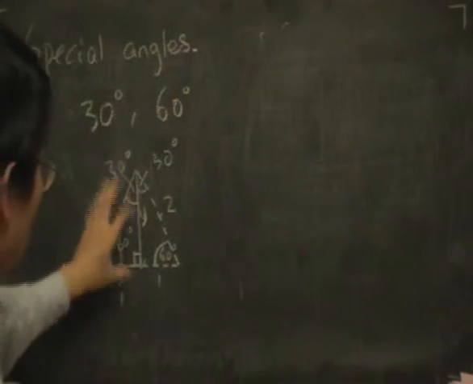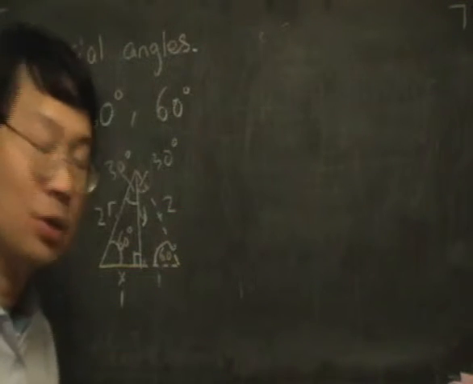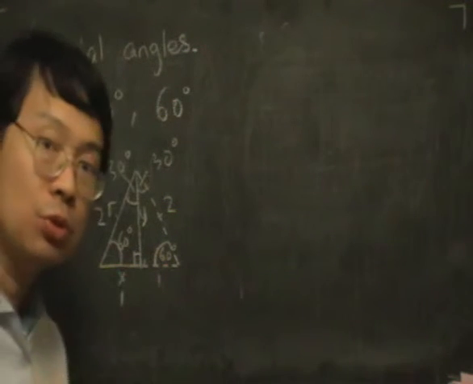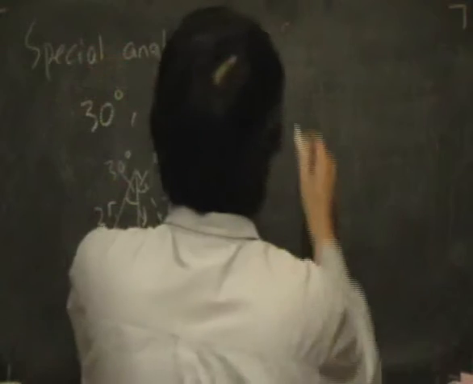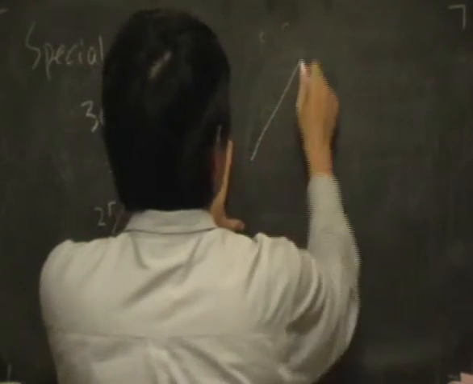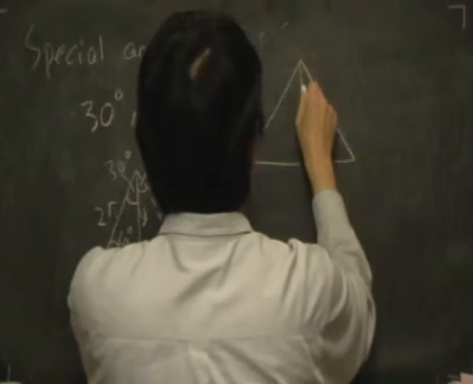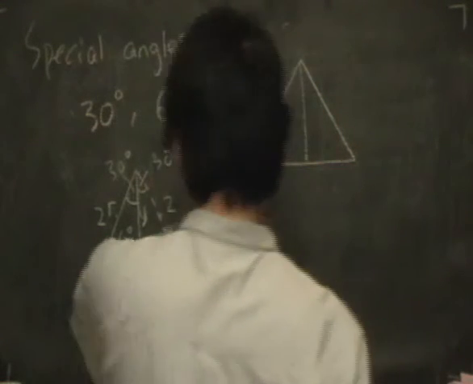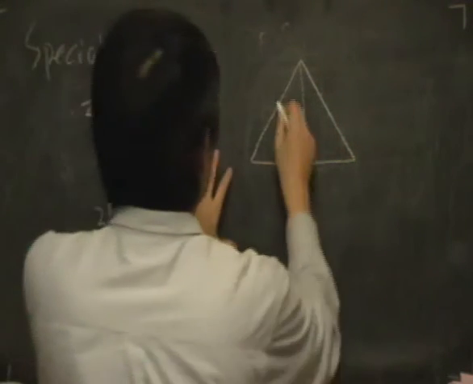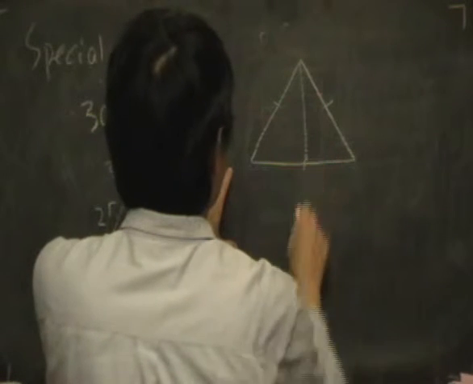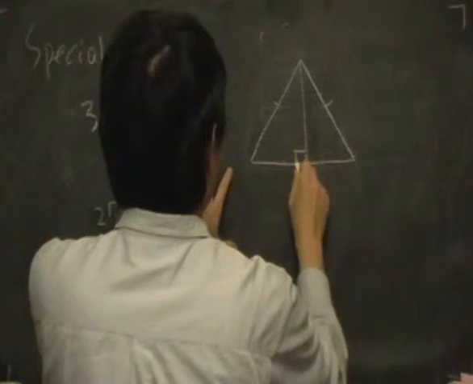Now it's getting a bit complicated, this diagram. So I'm going to draw another picture. Okay, that's the equilateral triangle. And that's the right angle.